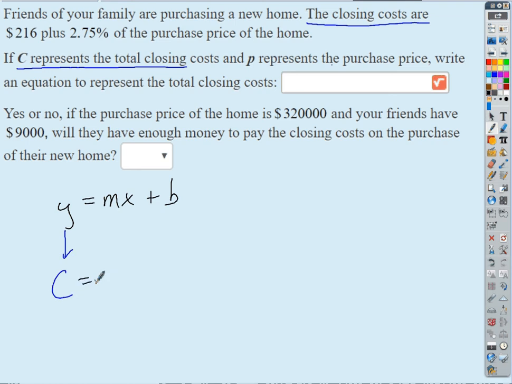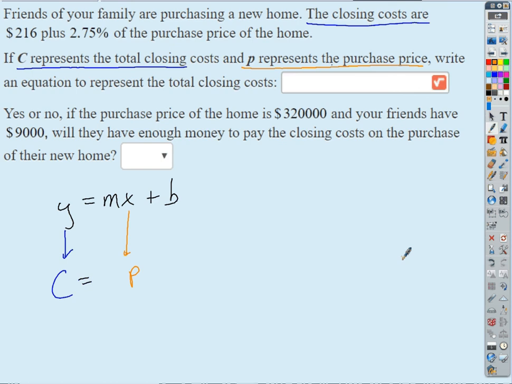Well, if the output variable is the C, what must the input variable X be? It's gotta be P, right? So that's our other variable. So here it is, P represents the purchase price, so instead of an X, we've got a P. Okay, you saw the B, right?